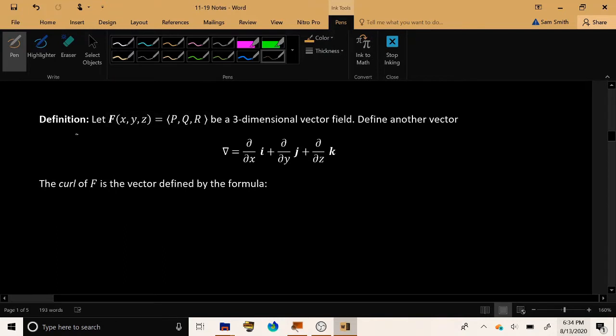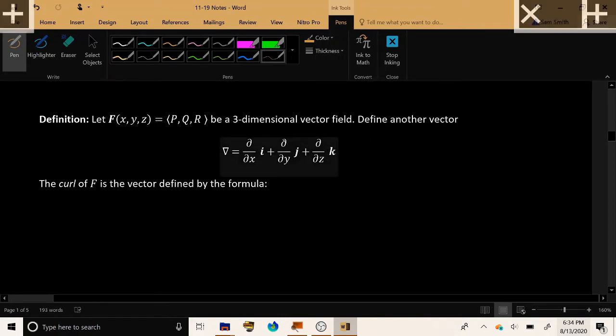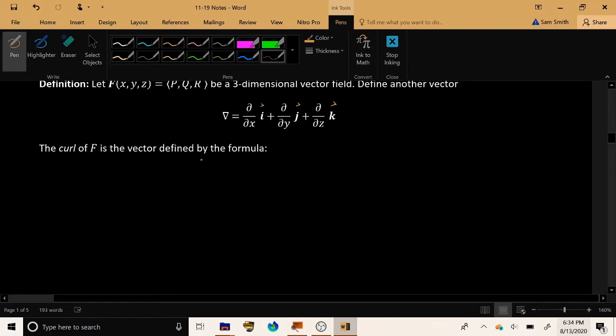Now suppose that we have a three-dimensional vector field F, a function of x, y, z, producing component functions which we're calling P, Q, and R. Let's define another vector, and we're going to define it using physics notation where we have i, j, and k. Now, I've written them here using boldface, but in case you can't see it, I will emphasize that i, j, k here are the standard basis vectors for R3.